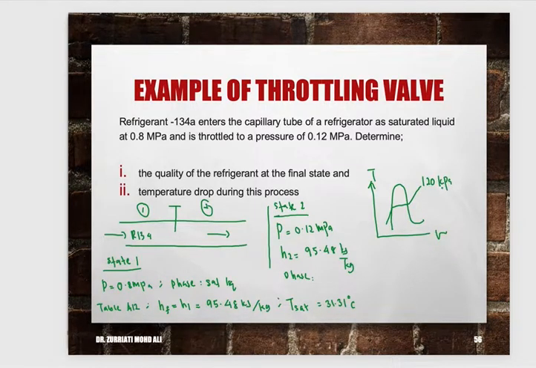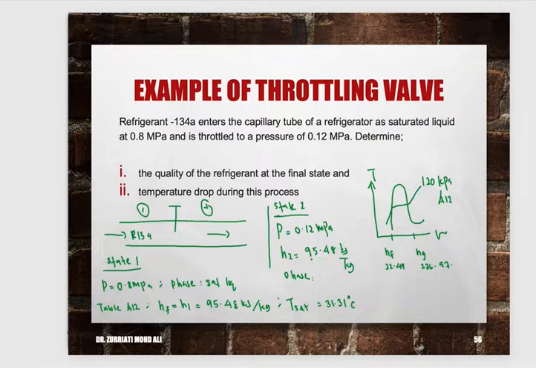From table A12, I get hf, and the value is 22.4749 kJ/kg, and hg is 236.97.